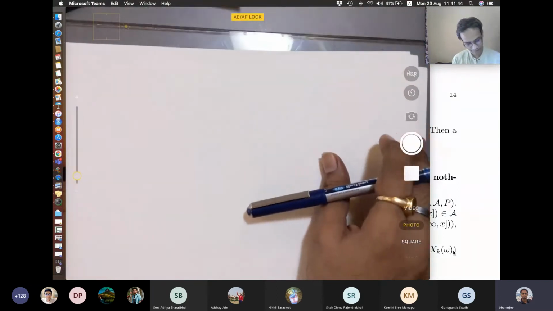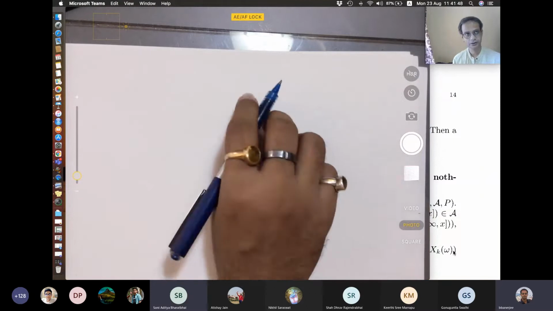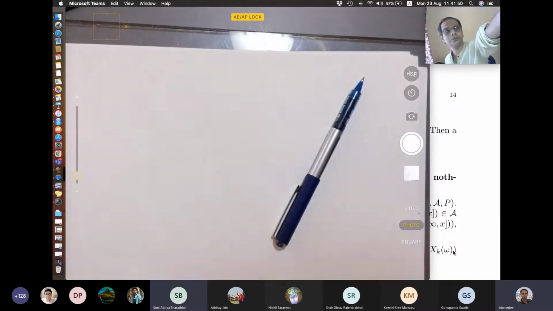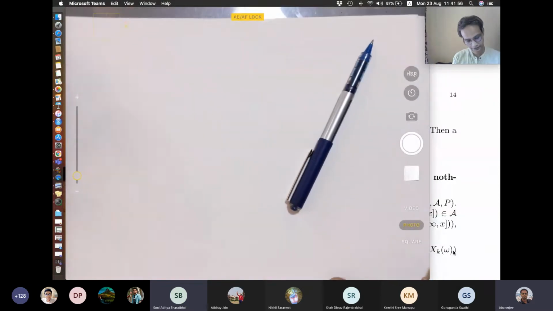Sir, why will it be discontinuous? Because x belongs to all real values, we can define it for all real values, and we have defined it for all real values.